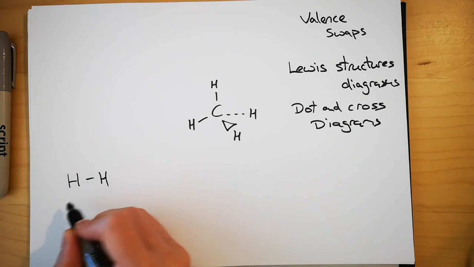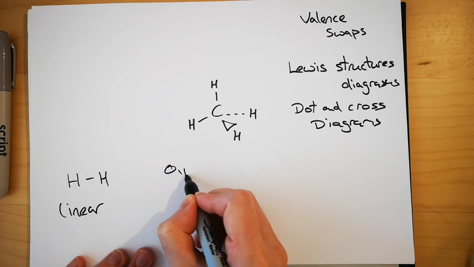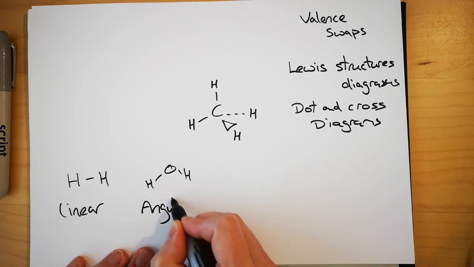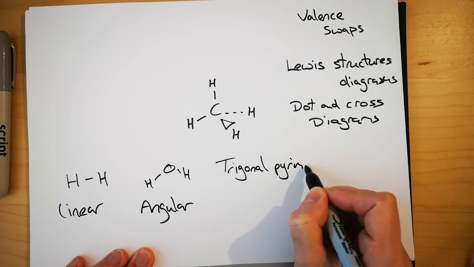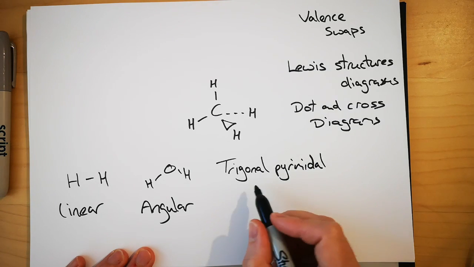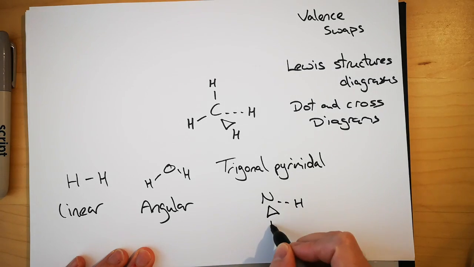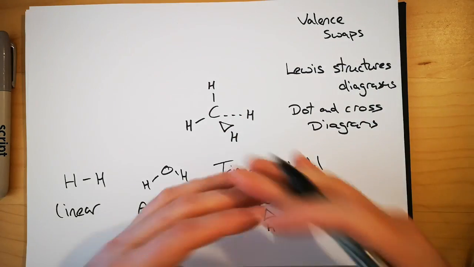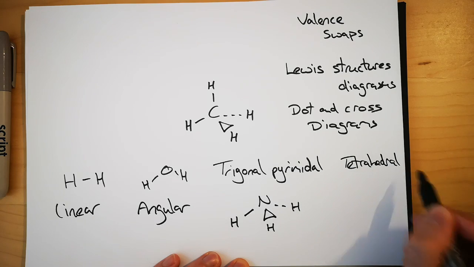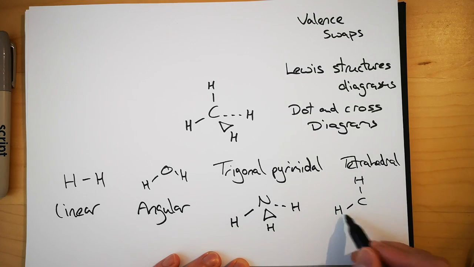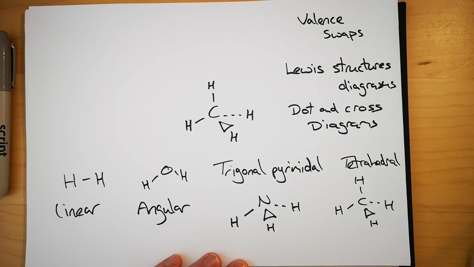Again, you've got the linear, you've got your angular, you've got your trigonal pyramidal, and bearing in mind this one is forced down slightly, and finally your tetrahedral, which is the last one we covered up here, and that's them.